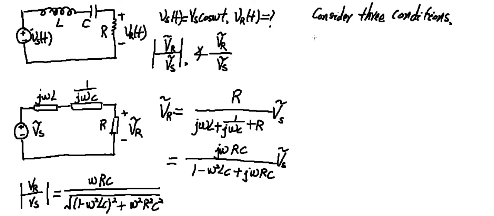First of all, we would like to consider what will happen if the frequency is much smaller than the resonance frequency. In this case, we assume that this is an underdamped circuit, so there is a resonance frequency 1 over the square root of LC, which is omega 0. So we'd like to ask, what is the output voltage when omega is much smaller than this resonance frequency?